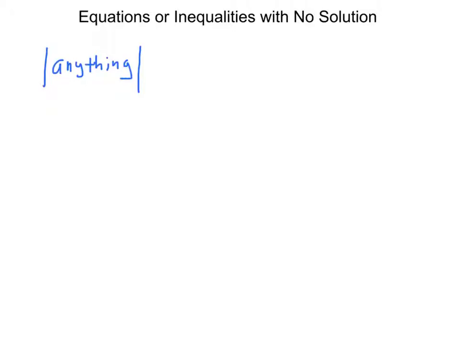It always will come out to be greater than or equal to 0, but it can never be a negative number. So let's assume you had an equation that said that the absolute value of 3x minus 7 equals a negative number, like negative 8. Well, in this case, there'd be no solution to that problem. So you would just write that there's no solution.